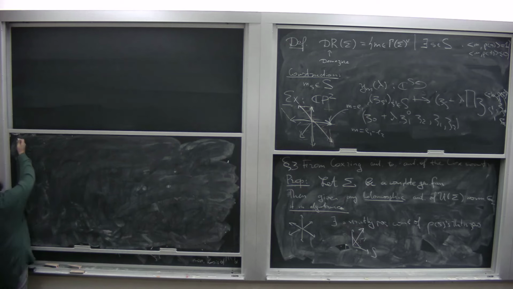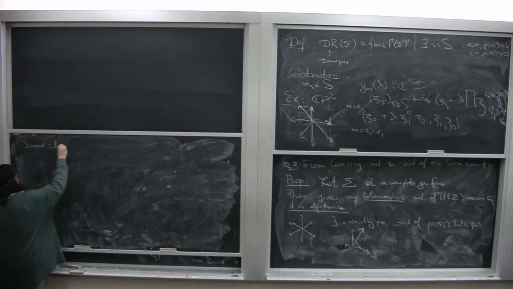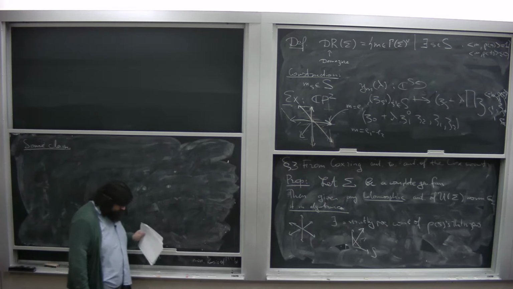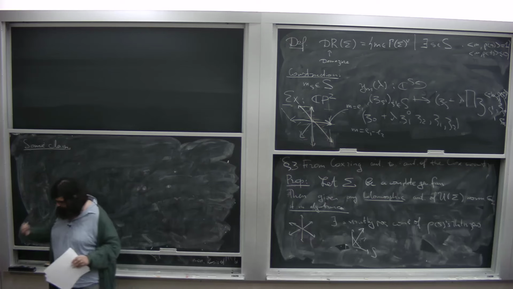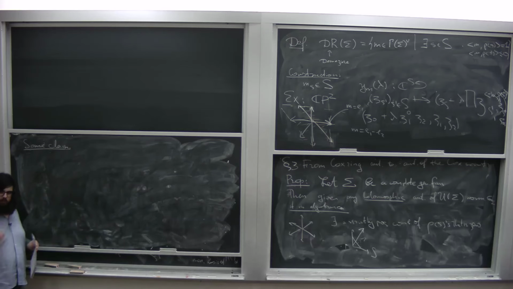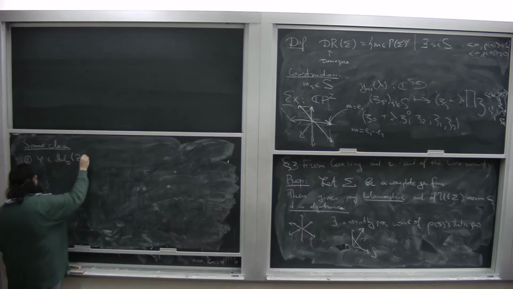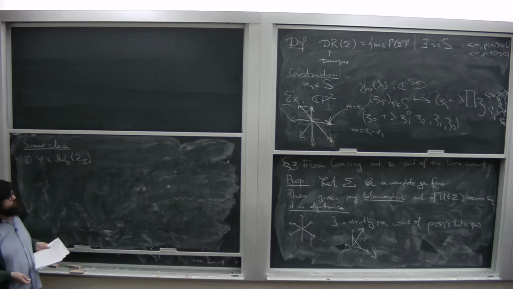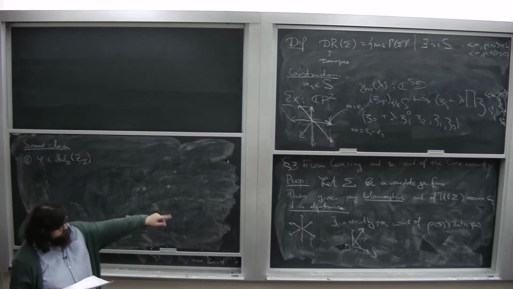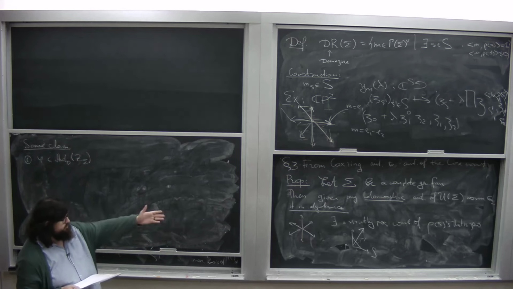So let me first make some claims that follow from the work of Ishida on classifying complex manifolds with certain types of torus actions. The first corollary is that if you have a holomorphic automorphism of Z sigma, then it necessarily preserves the orbit foliation of this quotient group.